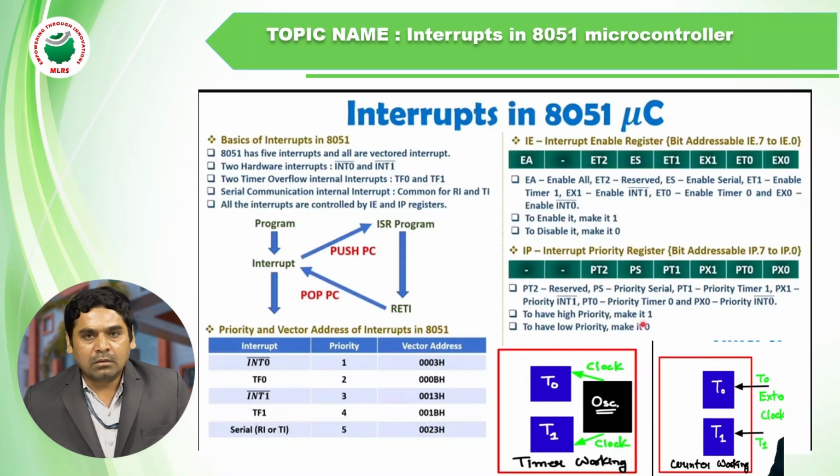These five interrupts are INT0 bar, INT1 bar, TF0, TF1, and the serial communication receiver and transmitter, represented by RI and TI. Of these five interrupts, two are hardware interrupts and three are software interrupts.